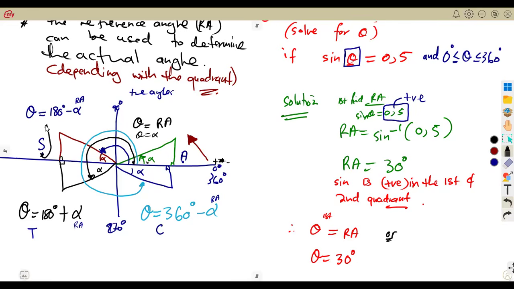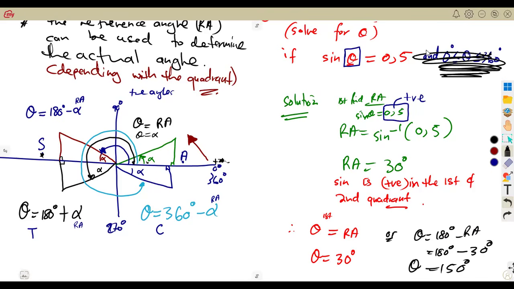In the second quadrant, theta is taken as 180 minus the reference angle, which is 180 degrees minus 30 degrees, and that will give us 150 degrees. So we've got two possible values of theta in this interval, 0 to 360.